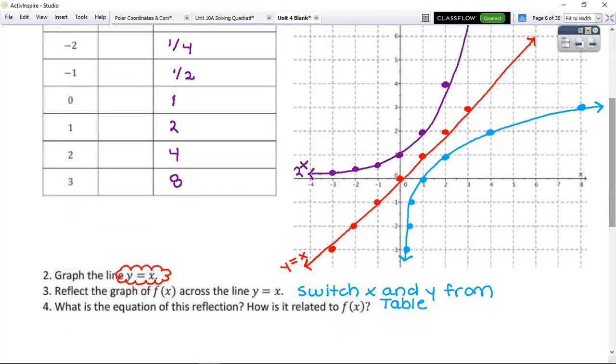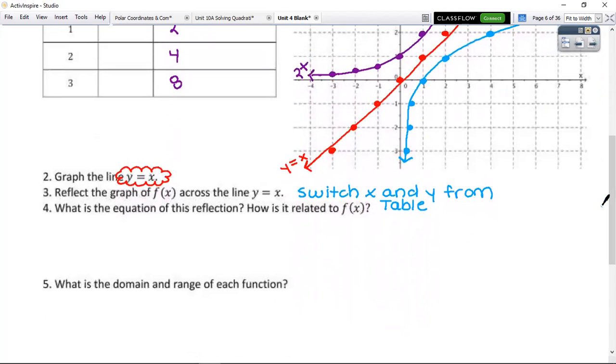Wasn't this a 2 raised to the x? That means that your log equation is going to be log base 2 of x. Okay, so that's what that graph is. And all logs are always going to look the same. So this one is the log base 2 of x.